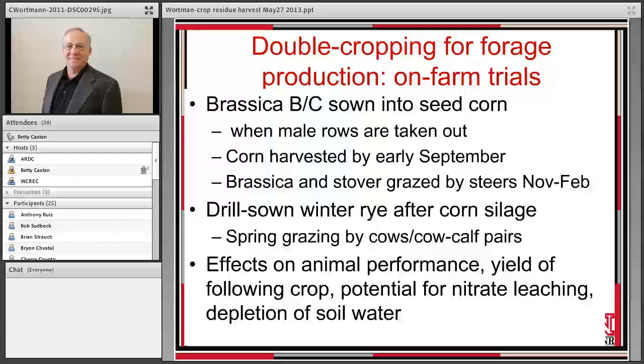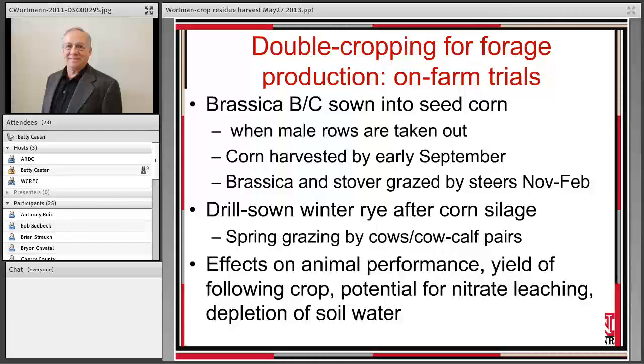2 other studies that we hope to begin on farm this year are both double cropping of forages. One is where, for seed corn producers, they broadcast sow a brassica species like turnips into the corn when they take out the male rows in late July. And the corn is harvested early in those situations, often by the end of August or early September.